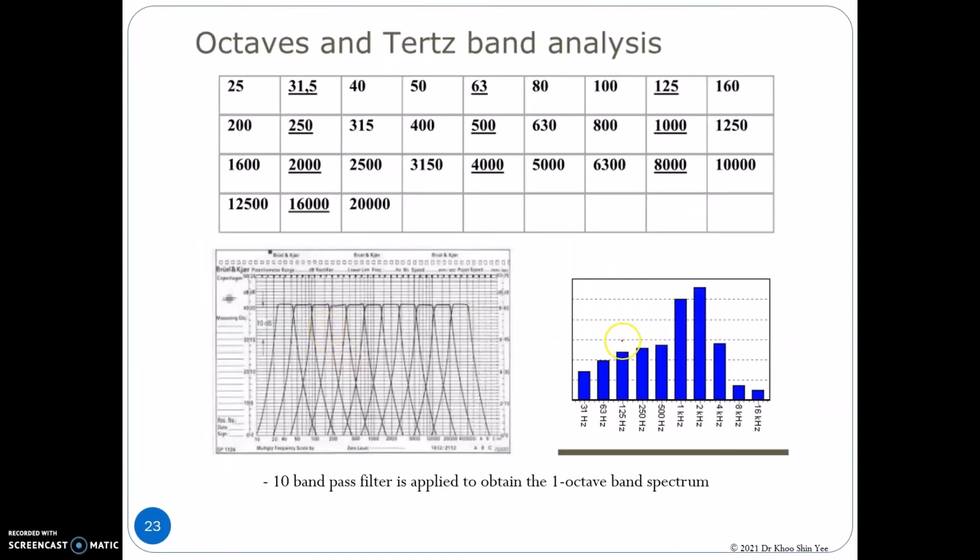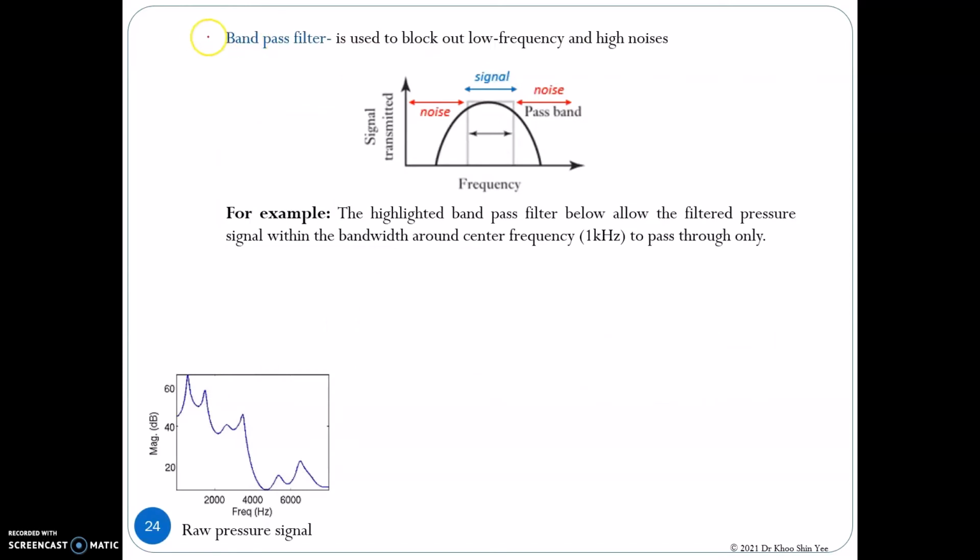For example, to obtain the 1 octave band spectrum here, it requires us to use 10 bandpass filters. In general, a bandpass filter is used to block out the low frequency and high frequency noise, where only the selected region at a specific frequency is allowed to pass through. The remaining signal will be filtered out and equal to 0.